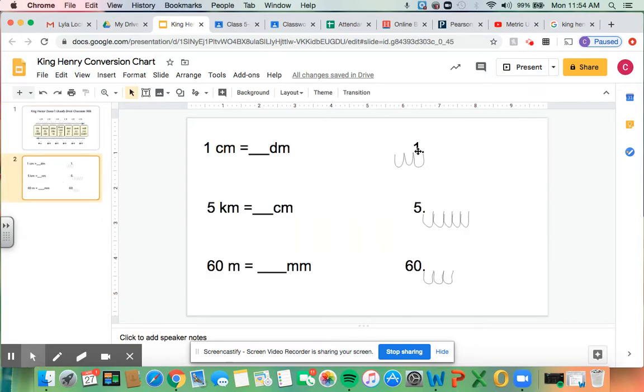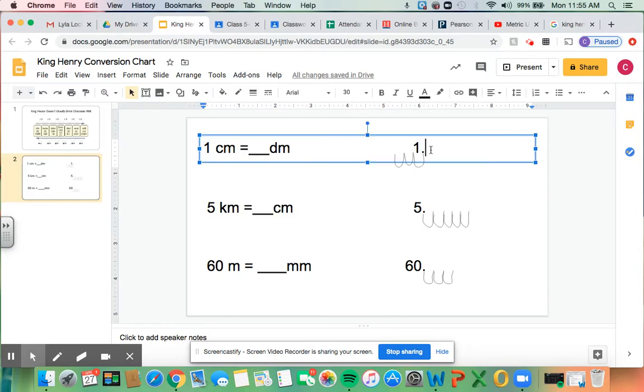So as you can see here, I drew my 1, and every whole number has a decimal to the right of it. So in other words, this is technically 1.0. Because I moved 3 spaces to the left on my chart, I'm going to move my decimal 3 spaces to the left, like so. So instead of 1 being our answer, now we're going to plug in our zeros.